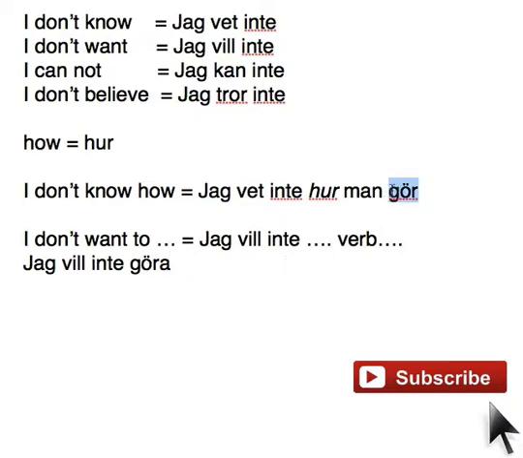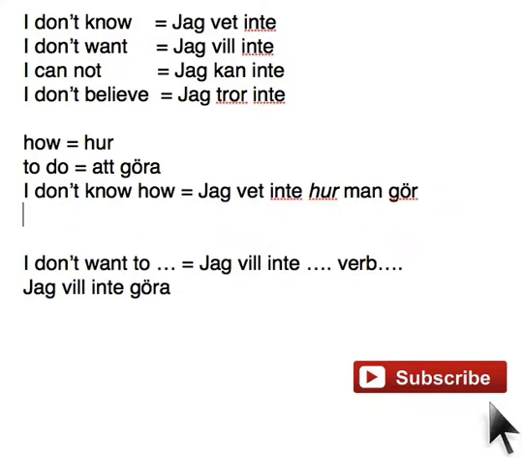Gör, man gör. Jag vill inte göra. So you see, the verb is conjugated, it changes. In Swedish, luckily, it only changes once, right? So to do, it's att göra, and it only conjugates to gör, right?